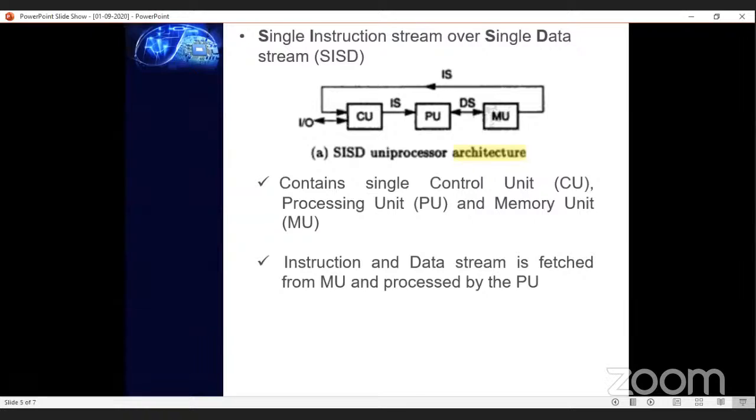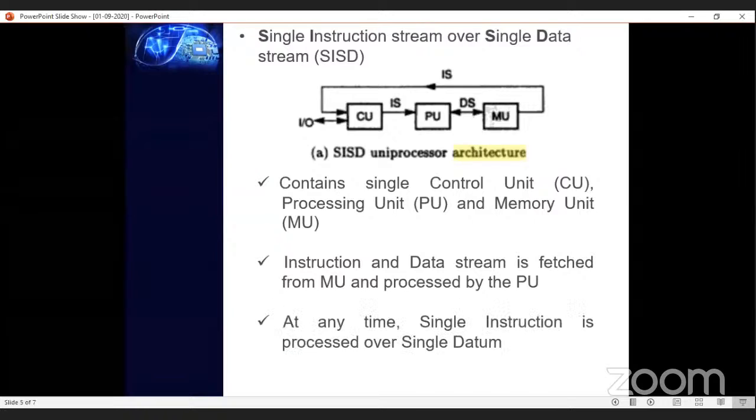Initially, instructions and data are stored in memory, as in our sequential computer, because the sequential computer also follows which architecture? SISD. So during processing, the instruction is fetched from memory as well as the data.